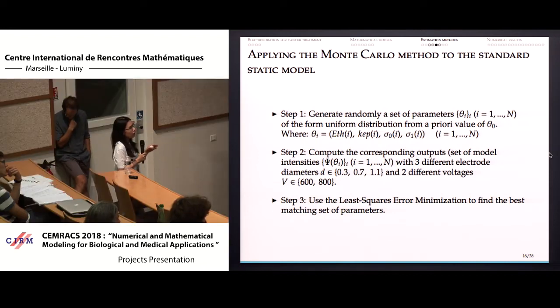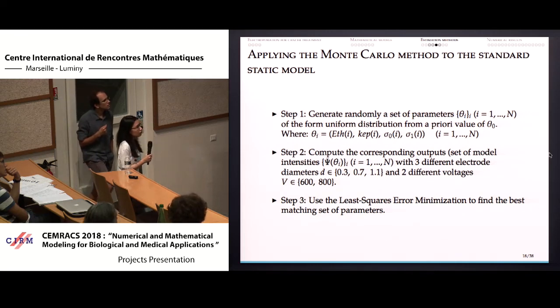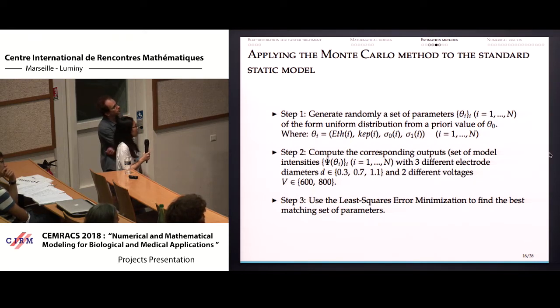So we suggest a priori parameter values theta 0, and the values of theta 0 I take from the literature, the articles of Olivier Zulicano and so on.